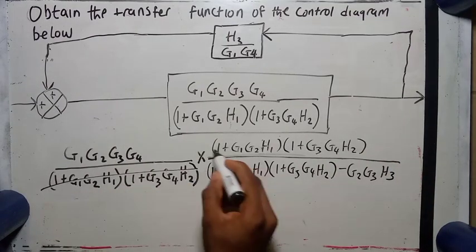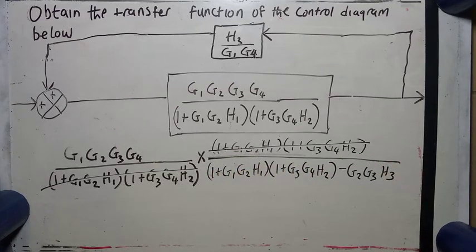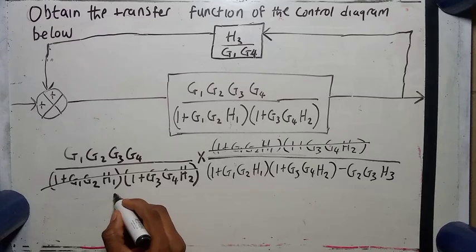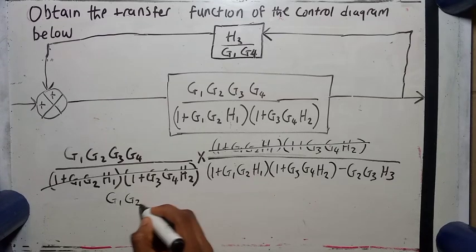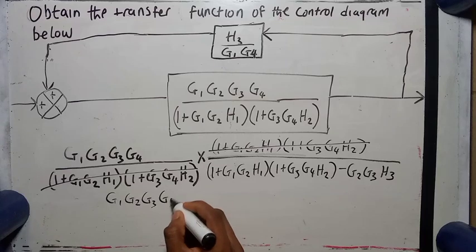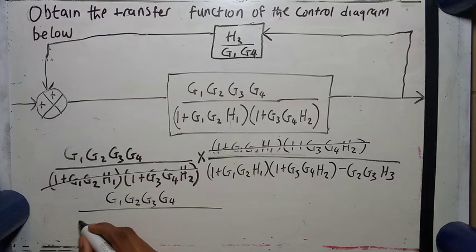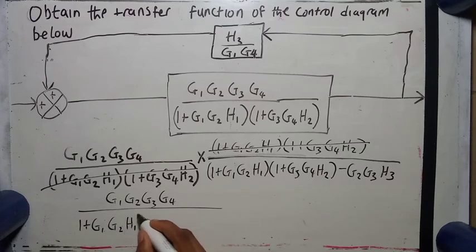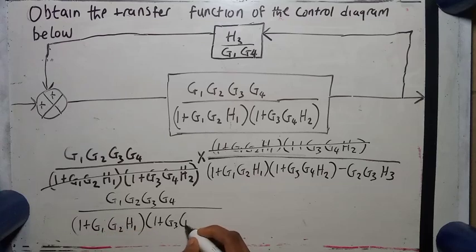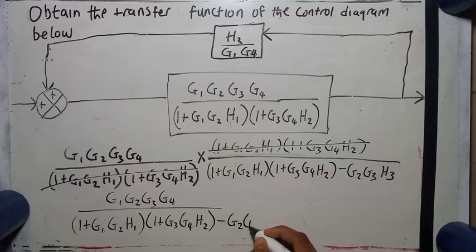So the whole of this will cancel the whole of this, and we will then have that our new transfer function will be G1 G2 G3 G4 all over 1 plus G1 G2 H1, 1 plus G3 G4 H2, minus G2 G3 H3. So this is our answer.